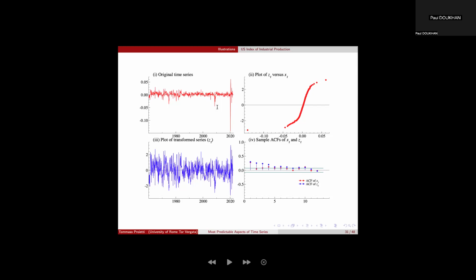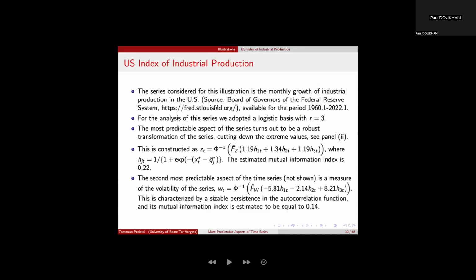So what happens here? Of course, here stationarity cannot be maintained, but you see, I construct my most predictable aspect of this time series. And here, because of these outliers and this structural change, I use the logistic basis.